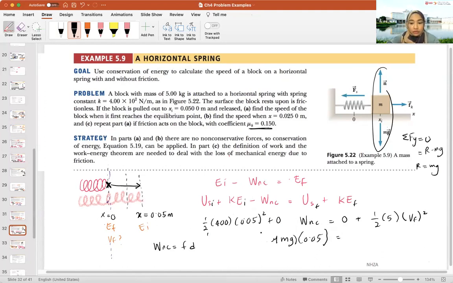Minus, so this is minus and this is whatever 1/2. Mu adalah 0.15 and m is 5. G is should just letak betul. Let's write this. So 1/2 400 0.05 squared plus minus WNC.